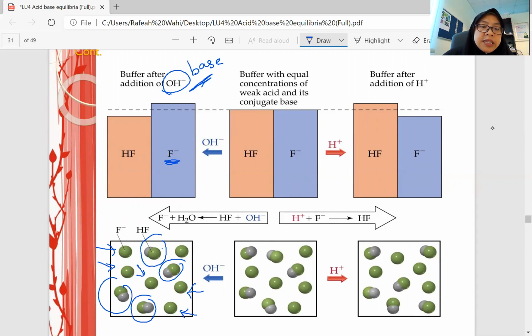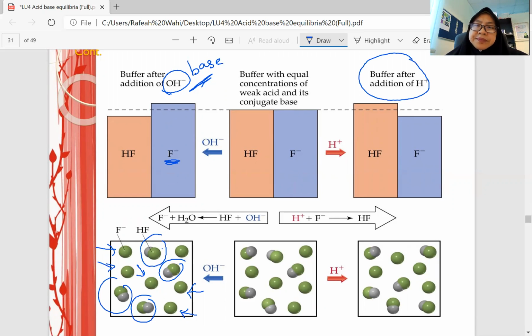So meaning to say that there is still some capacity of the buffer which can retain the initial pH of the solution.